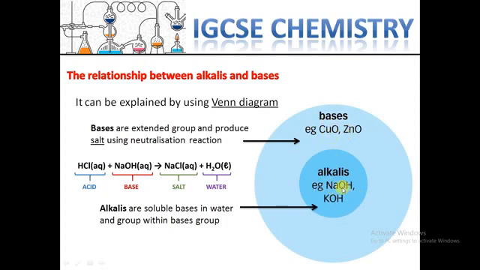This type of substance can also be a base, but these chemicals cannot be alkalis. Alkalis are a part of bases, but not all bases are alkalis. This is the relationship between bases and alkalis.